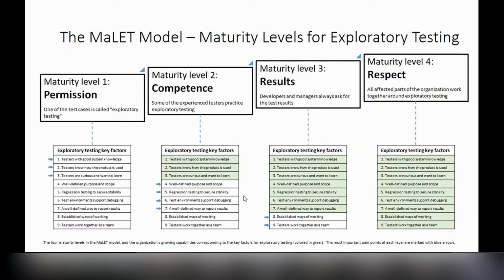Okay, so we then arrive at competence level 2, which is about competence. And then it's about other challenges that arrive on the table, and that is that, for example, you start hearing questions from your testers.